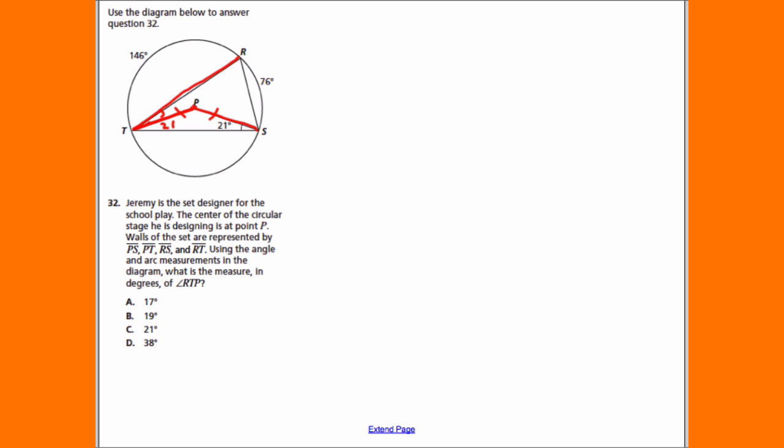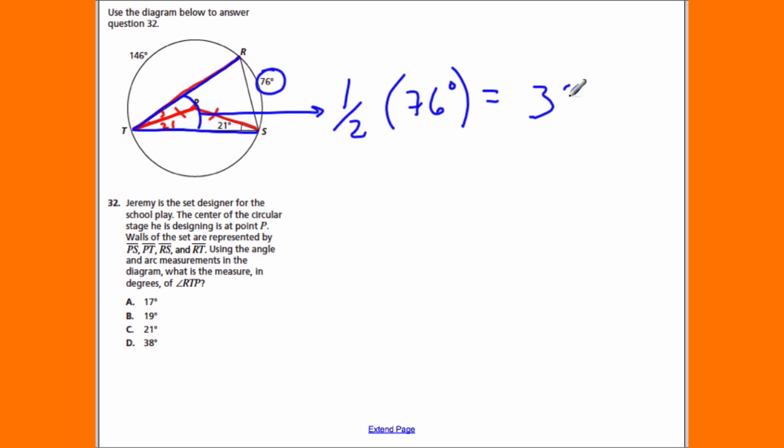Let's look at the big angle, RTS. Because it cuts off an arc of 76 degrees, this full angle here is going to be half of whatever the cutoff arc is, which is 76 degrees. And half of 76 degrees is 38.